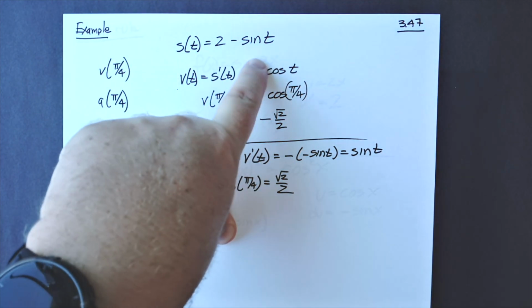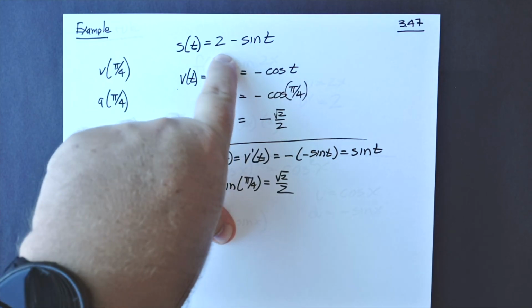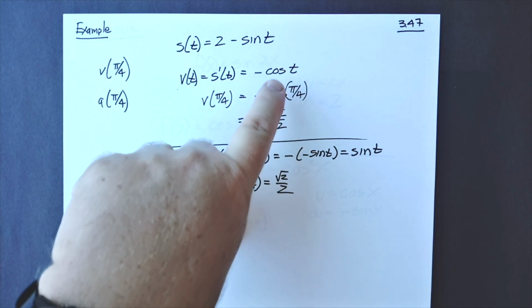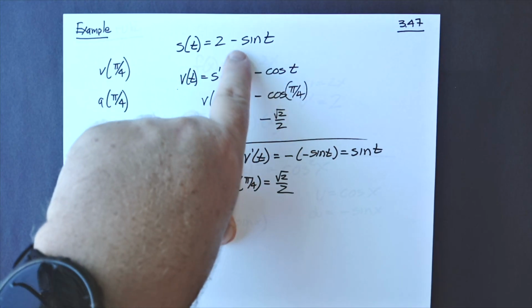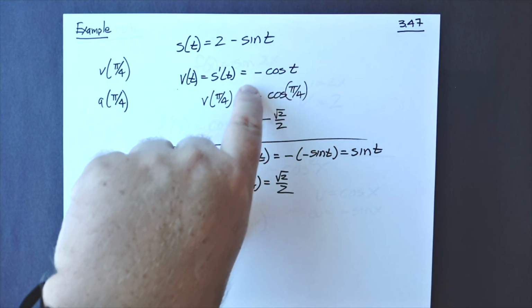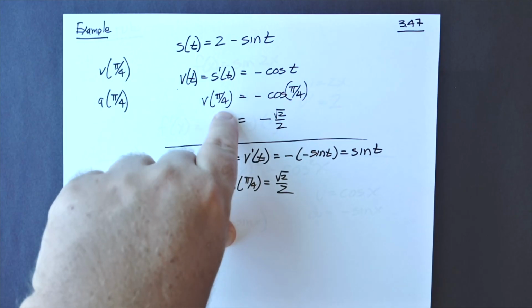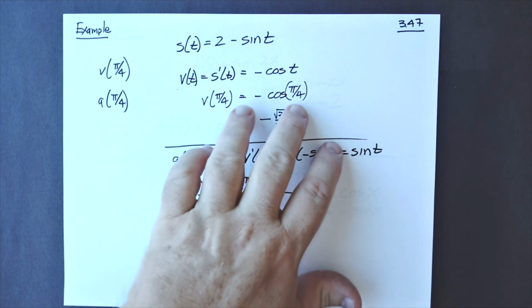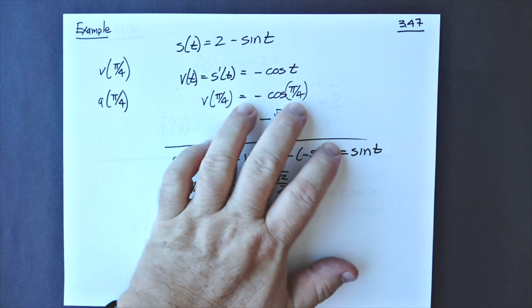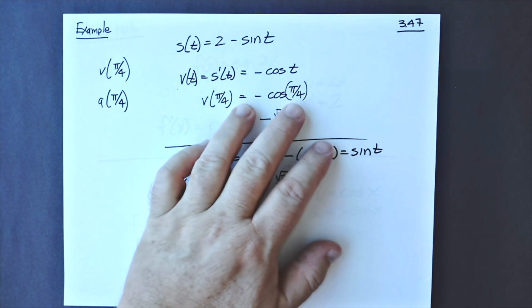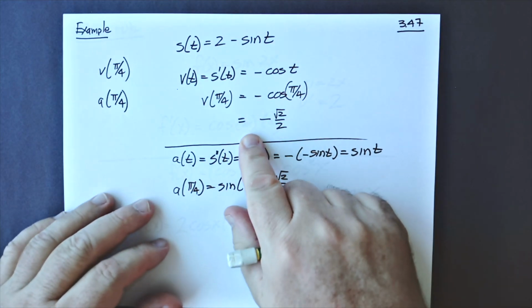So the derivative of this, well, the derivative of 2 is just 0. So the derivative of negative sine is negative cosine because the negative carries, right? And so then we say, well, what's the velocity at pi over 4? I just substitute pi over 4 in here, and we know that the cosine of pi over 4 is square root of 2 over 2. And my answer is negative square root of 2 over 2.